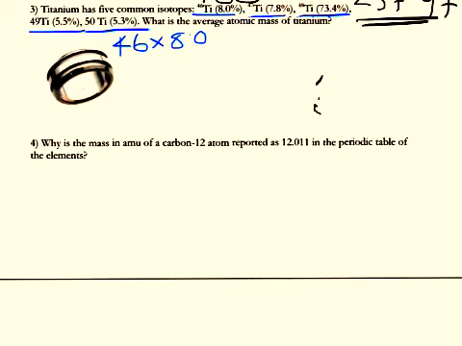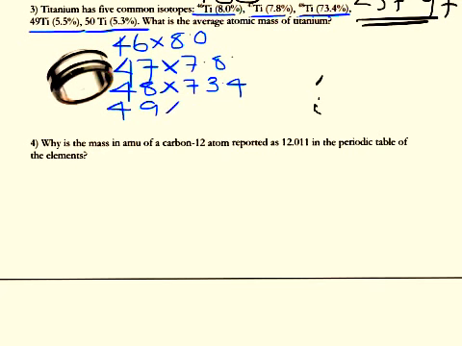We've got titanium 47 times 7.8. Got titanium 48 times 73.4. We've got titanium 49 times 5.5. And we've got titanium 50 times 5.3. Same again, times these together, then add these together.